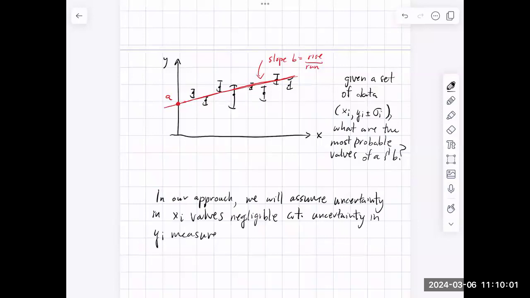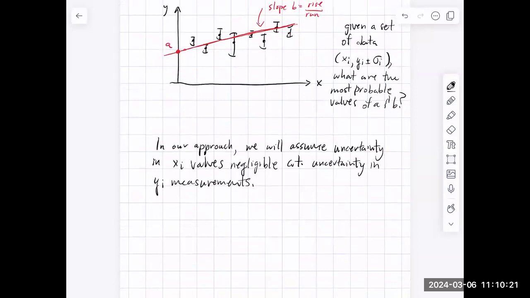That's just another way of saying that we're going to neglect the uncertainty in the x values and consider only uncertainty in y values. And again, that's just because we're controlling x and we ought to have fairly good control over it.